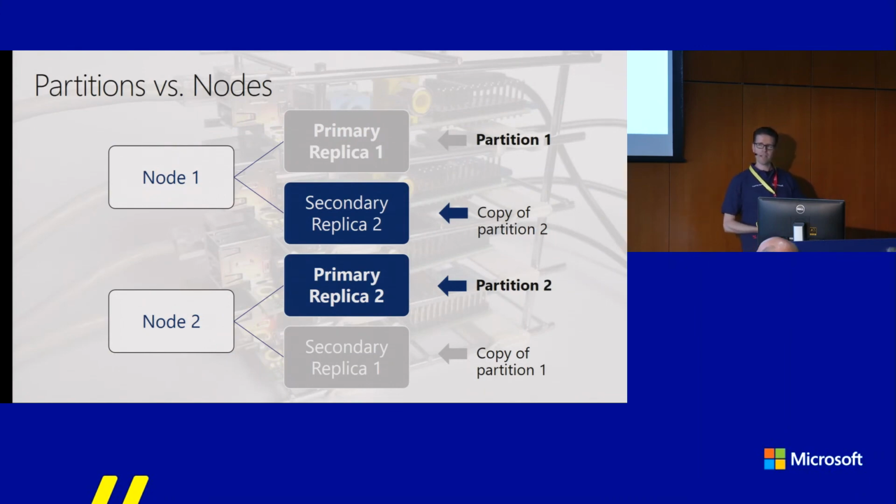All right, so looking at services running on your cluster, this is a simplified view, but what I want to show here is that you always have a primary replica of your service that has the part of the state. And the primary replica is the one that is writable. There are also one or more copies of your partition, and these are called secondary replicas.